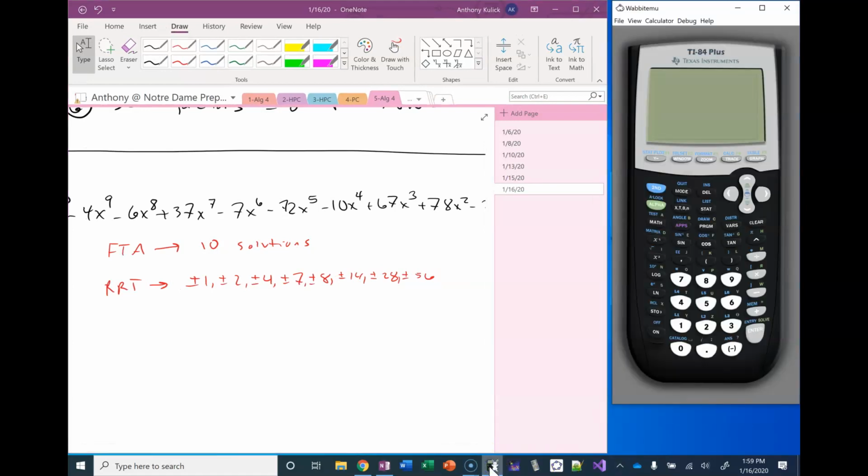So fire up our calculator. Where do I go to type this in at? Y equals. So I'm just going to type this in exactly as it looks on my sheet of paper. It's going to take like a half an hour to type it in because it's a million things long.